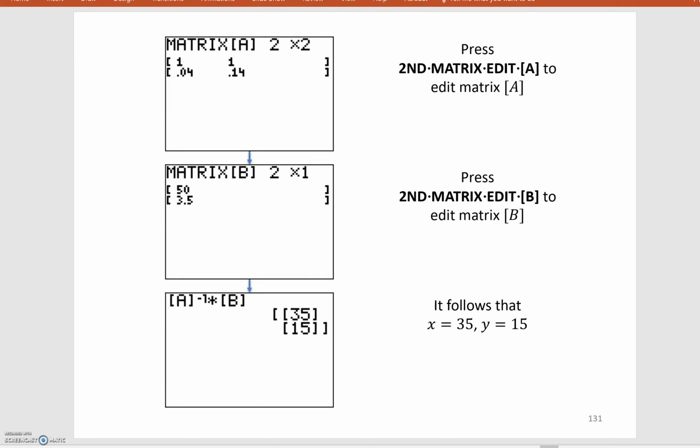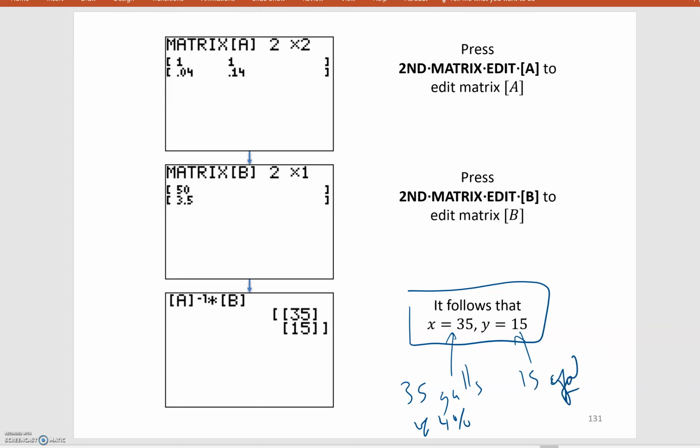And as before, you should get a product, A inverse times B, and your solution is 35, 15, where 35 is X and 15 is Y. This is 35 gallons of 4%, and this is 15 gallons of 14%.